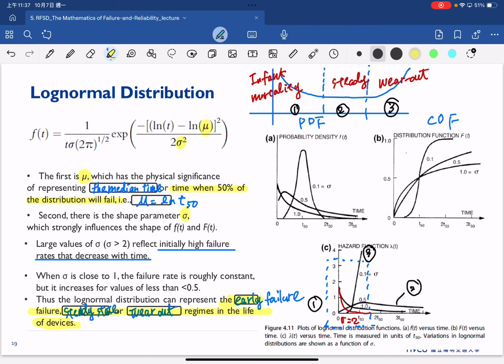And of course, nowadays we usually won't use hand calculation for log normal, because the equation looks very complicated.